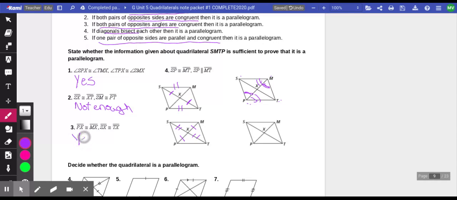That is yes, because the diagonals are bisecting each other. And then last but not least, number 4 says that SP is congruent to MT and SP is parallel to MT. So that is yes, because that's our last way, which is one pair of opposite sides parallel and congruent.